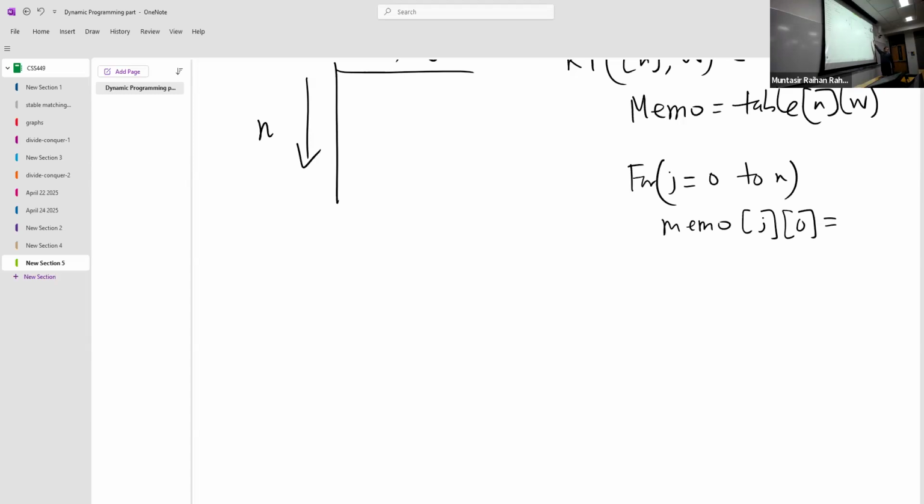Nothing, because there is no weight left. So you can't pick anything, so it's 0. This is a base case here.